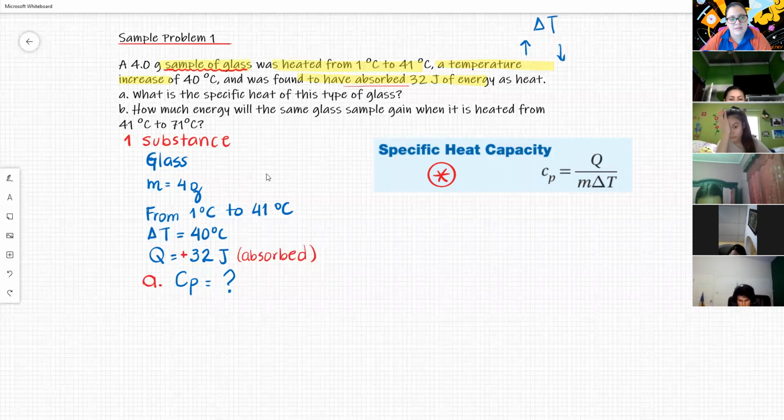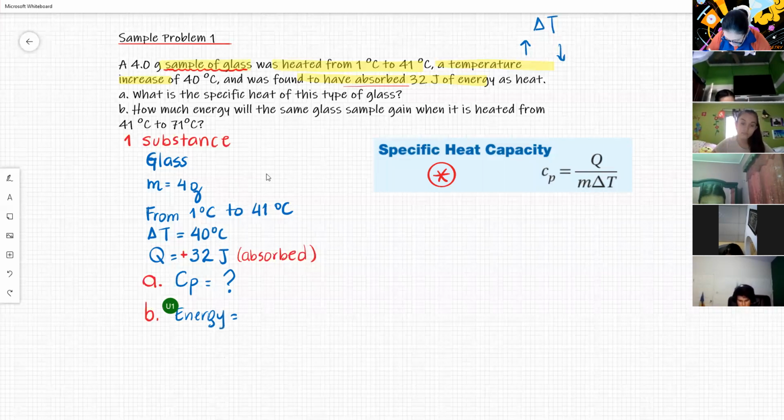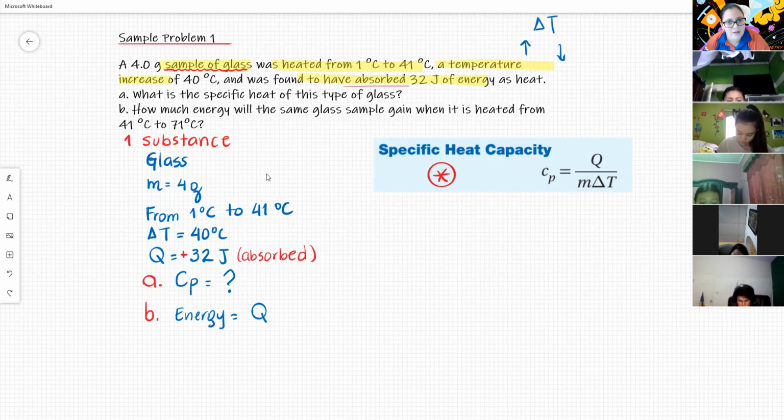Because it is asking you about energy, energy is written as Q, okay? So it is Q gain.